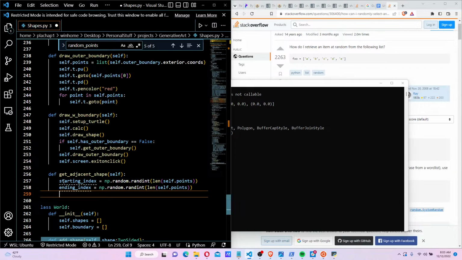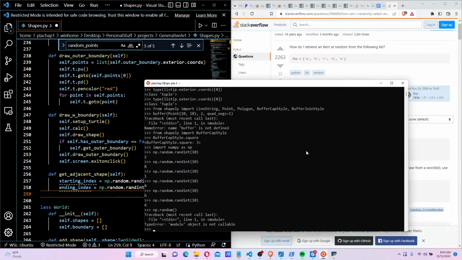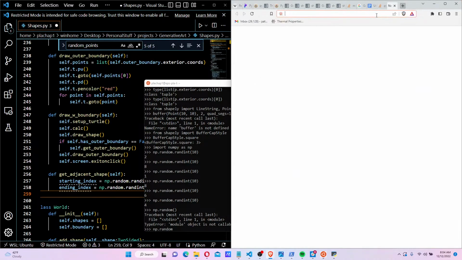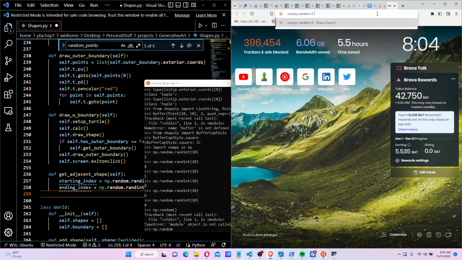So yeah, there's the starting, there's the ending. numpy random 0 to 1.